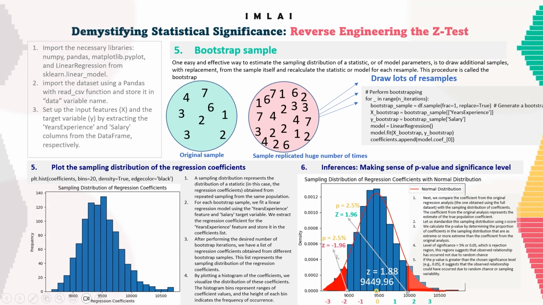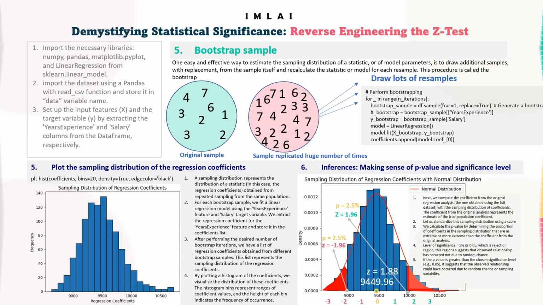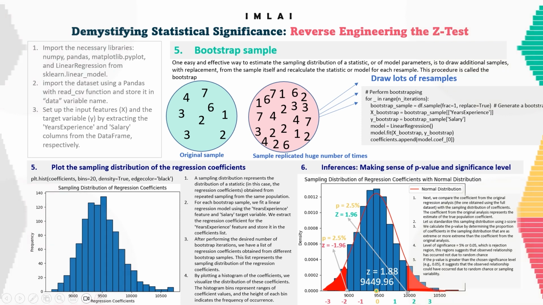That is the reason that when your probability value is less than 0.05, it's going to fall in the rejection zone exactly here. Then we will reject the null hypothesis and say there is a significant relationship between the variables. But in this case our p-value is greater than the significance level.